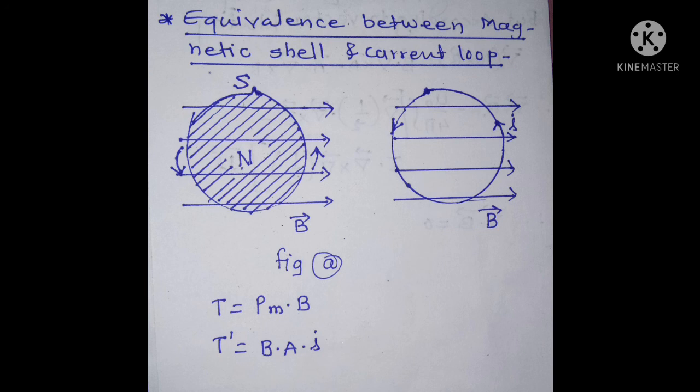That means same situation as in figure A, but instead of a magnetic shell, there is the current loop which carries a current I.